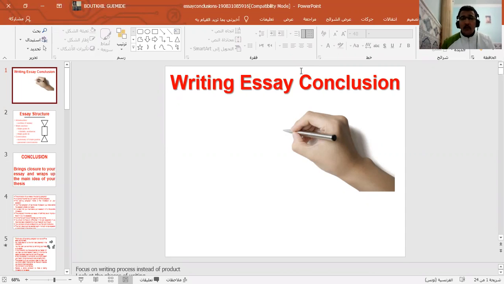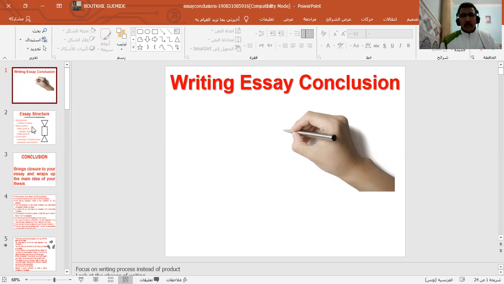We have seen how important this section of essay writing is. We have seen how it is linked directly to your thesis statement, to your introductory paragraph. So now we are going to talk about the concluding paragraph, how to write an essay conclusion.